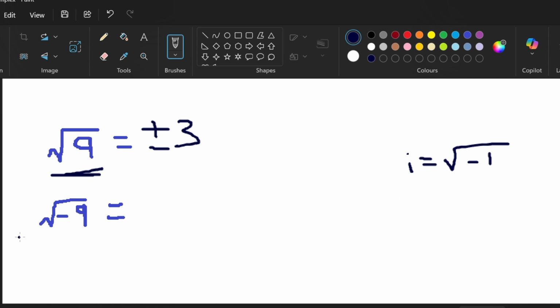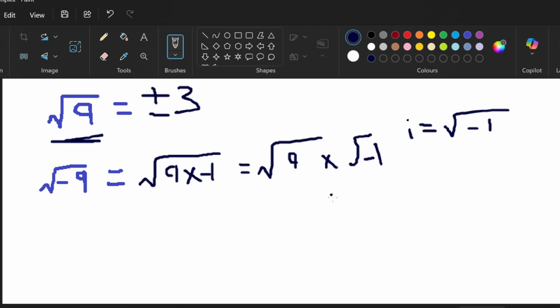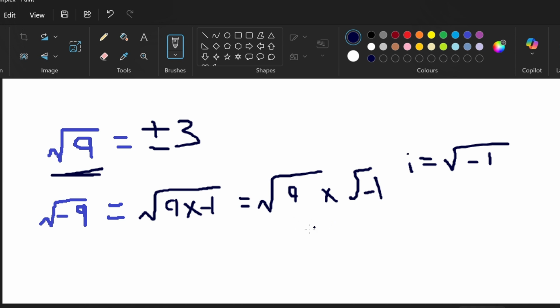I'll just go ahead and work out this example here. So the square root of minus 9 is going to be the same thing as the square root of 9 times minus 1, which again is the square root of 9 times the square root of minus 1. And now I can see that I've simplified this sufficiently that I know what each of these terms are.